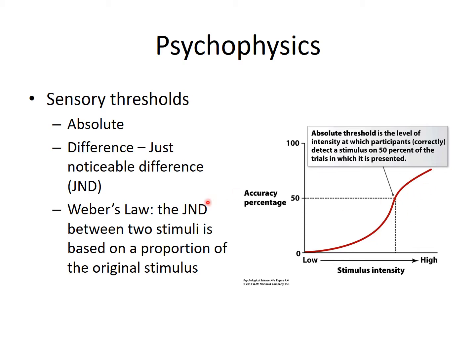Just noticeable difference is where you have just enough of a change, from here to there, that you're just barely noticing it. I'm trying to get just noticeable difference on my laser, for example. The classic example of JND is going from one season to another.